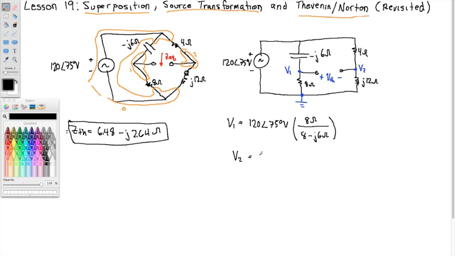So this is 120 angle 75° volts times J12 ohms divided by 4 plus J12 ohms. You do your complex algebra, you simplify V1 and V2, and you notice now the Thevenin voltage, the voltage I'm looking for, is the difference V1 minus V2.